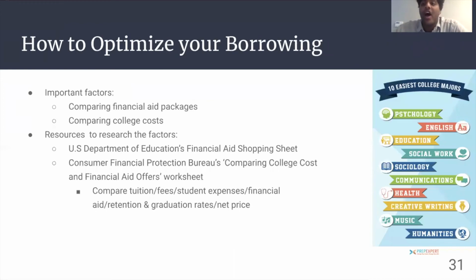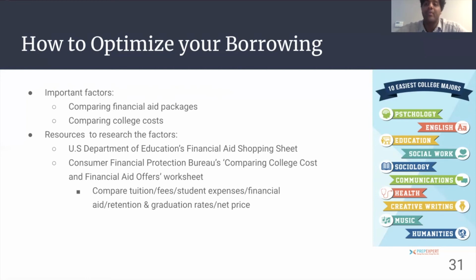So let's talk about how to optimize borrowing. There are important factors: comparing the financial aid packages and comparing the cost of the college. Resources that are very helpful to research all these factors are the US Department of Education's Financial Aid Shopping Sheet, and the Consumer Financial Protection Bureau's Comparing College Costs and Financial Aid Offers worksheet.